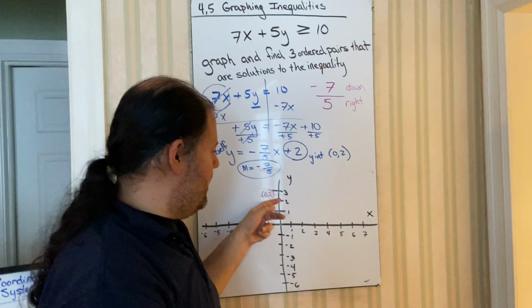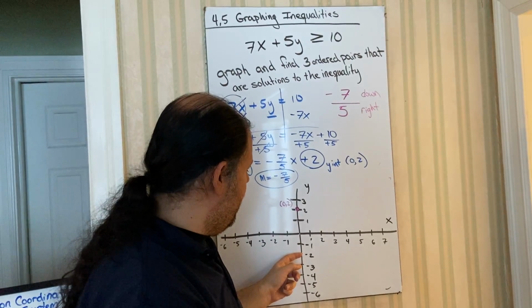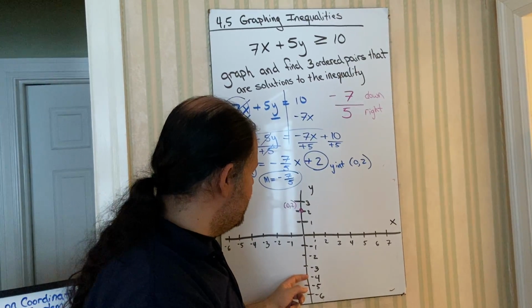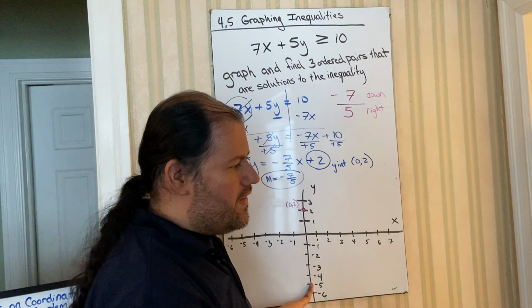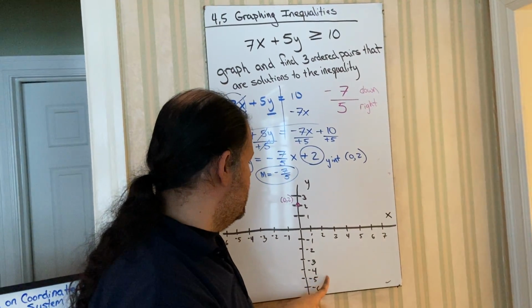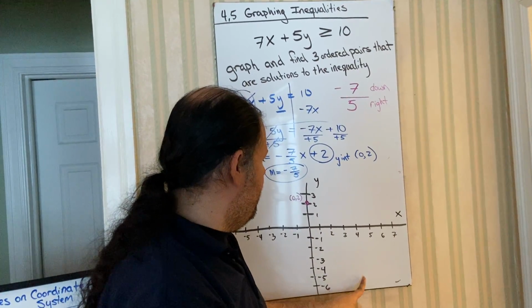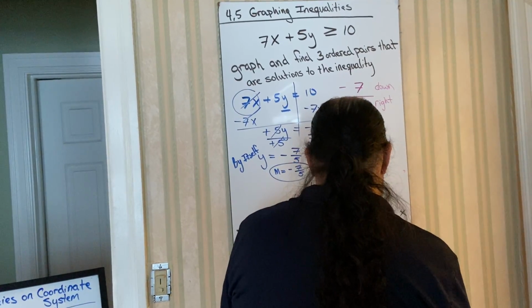Always the y-intercept. 1, 2, 3, 4, 5, 6, 7. Now, rest your finger because we have to go to the right 5 units. 1, 2, 3, 4, 5. Now I can make my mark.